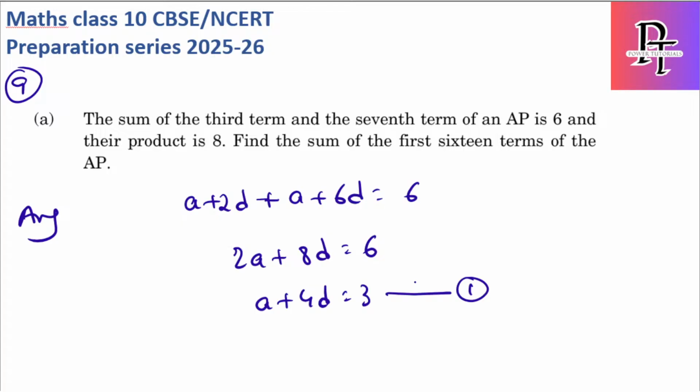And that product is 8. So the 3rd term a plus 2d, into the 7th term a plus 6d, is equal to 8.